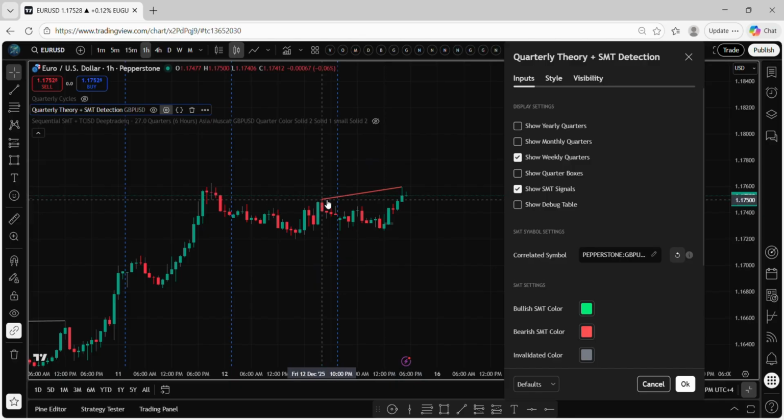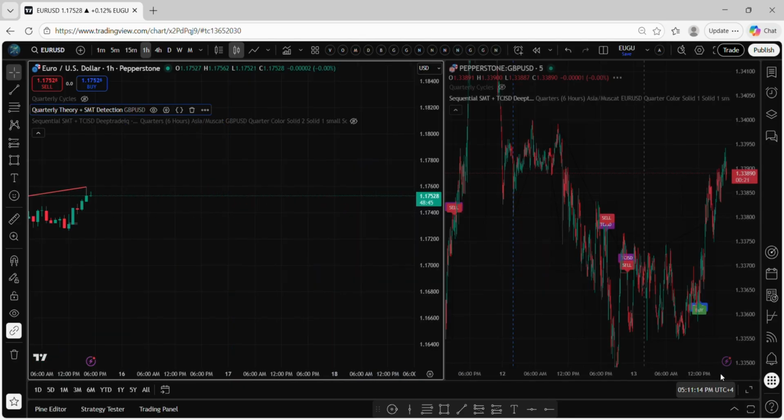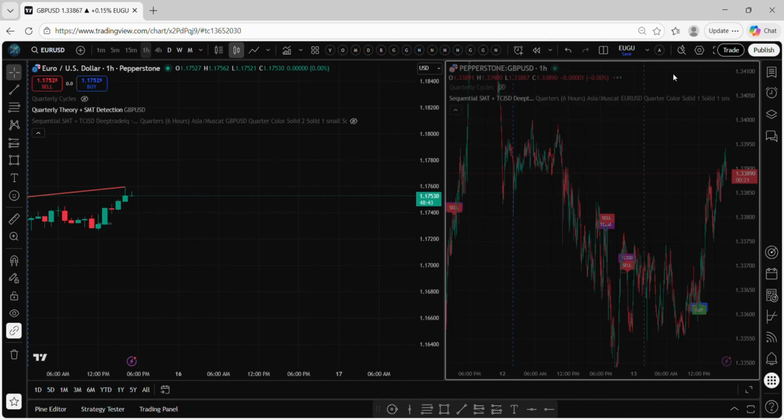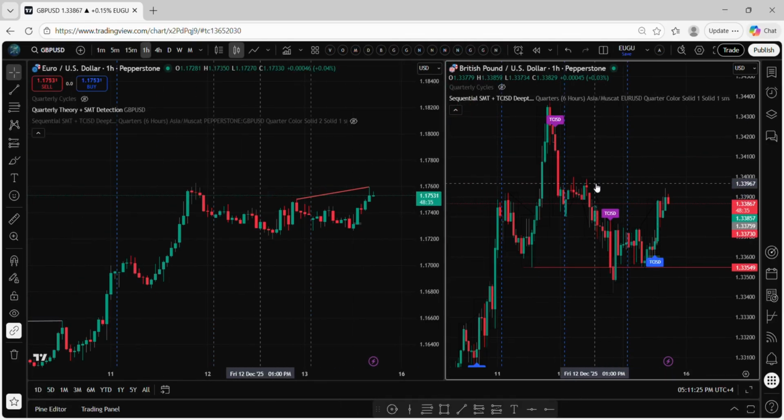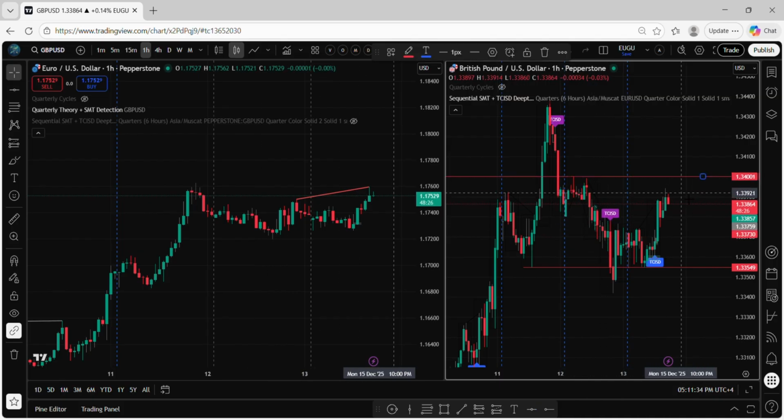Weekly quarter. So here is an SMT: Euro takes the previous day high, but GBP didn't. We can confirm it. You see, this is the GBP yesterday high, this level.